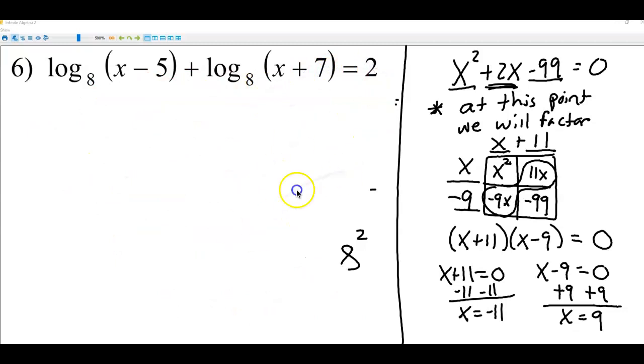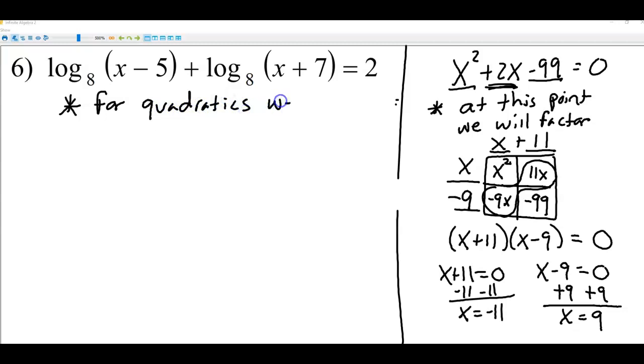So the little note I would add here is for quadratics, we need to check our answers. Once again, your answers cannot make the logs have a negative on the inside. So let's try this.